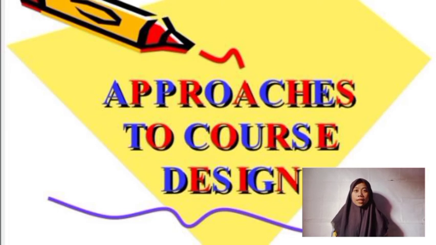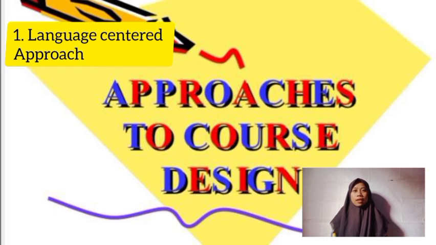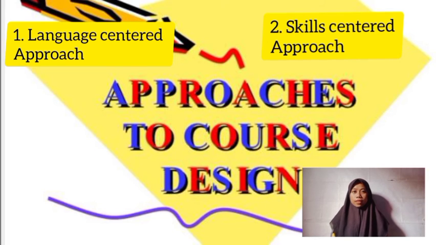Then the last material talks about approaches to course design. There are three main approaches used in designing a course. The first is the language-centered approach. It focuses on students' performance regarding the conditions of their learning goals. The second is the skill-centered approach.